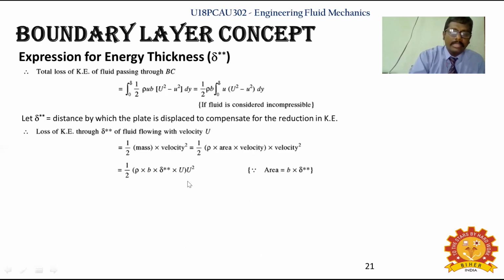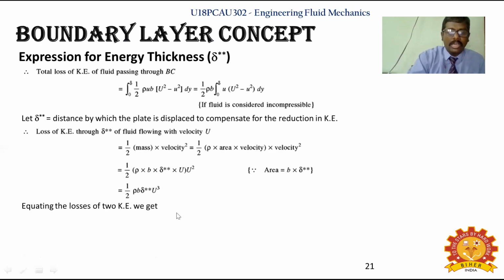The remaining is as usual, and you get u into u square, because for energy previously you had only one u, but now you have u square because of m v square. So you get u cube, that is, rho b delta double star u cube. That is the kinetic energy because of this energy thickness.